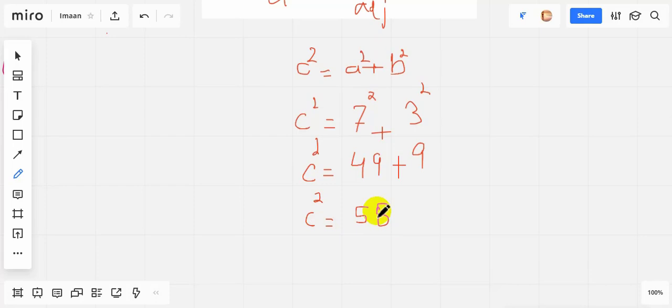We need the value for c, not c squared. What should we do here to get c? Think. C squared equals 58, not c. How can we get the value for c?